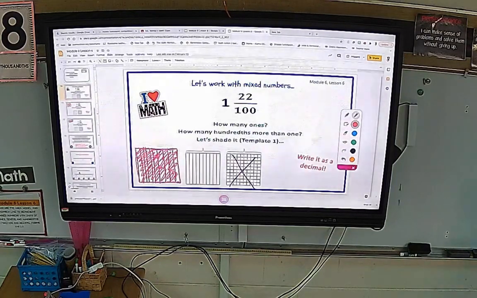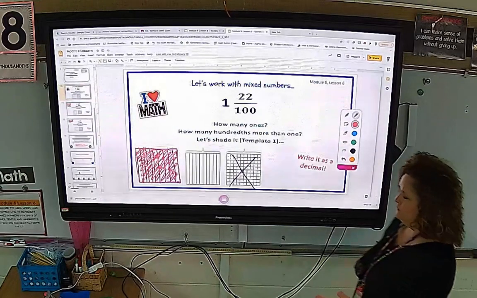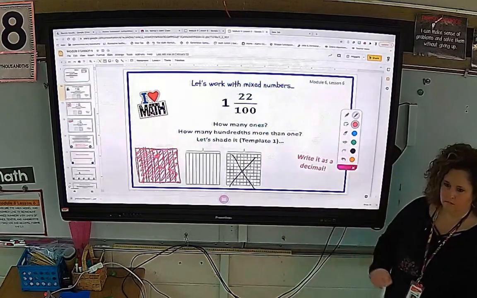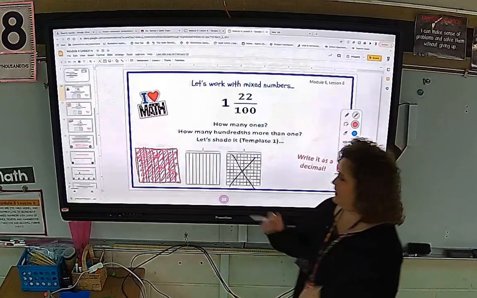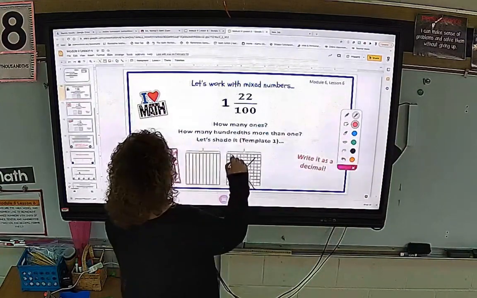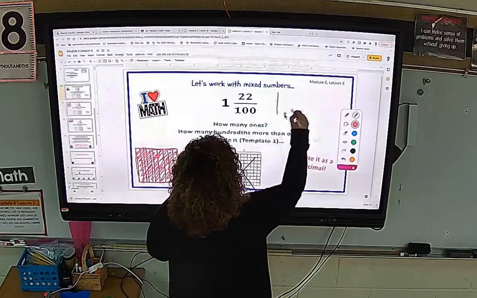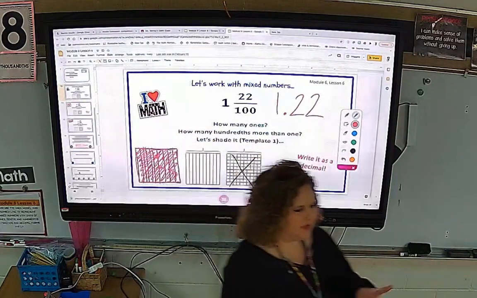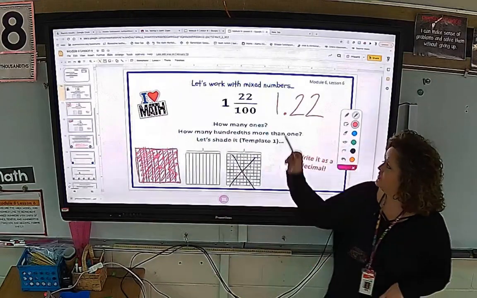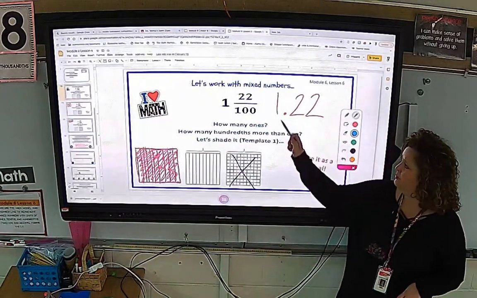What's the next step? Keep going. We need 2 columns over here. Hold on. I need every eye looking right here. We just colored in one complete box, right?